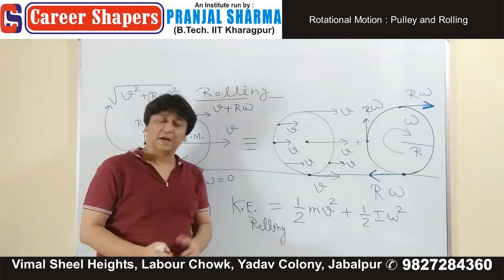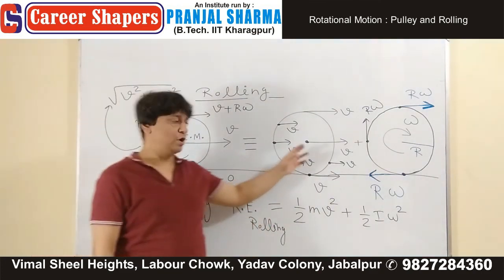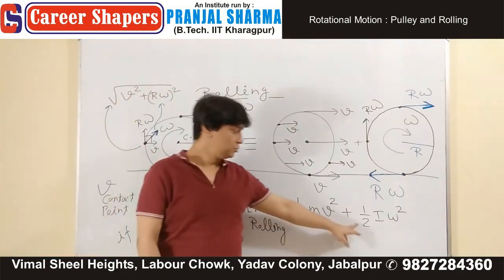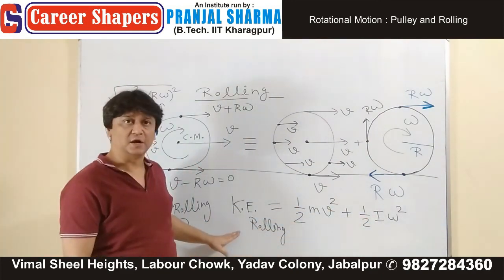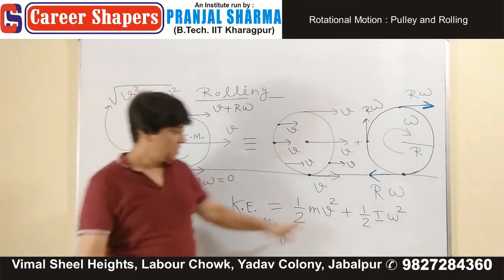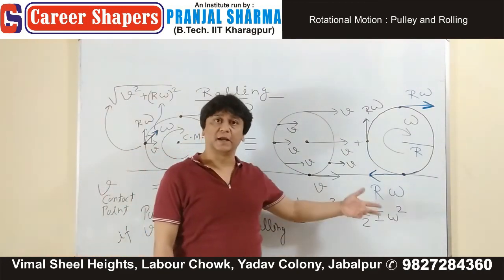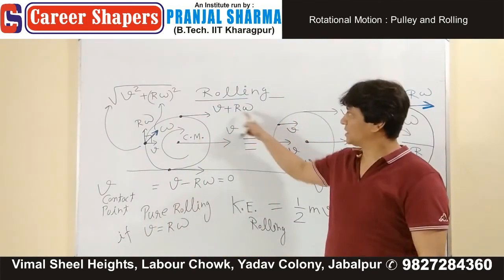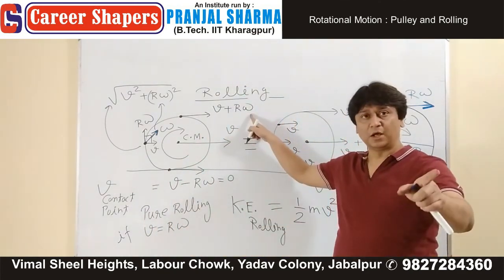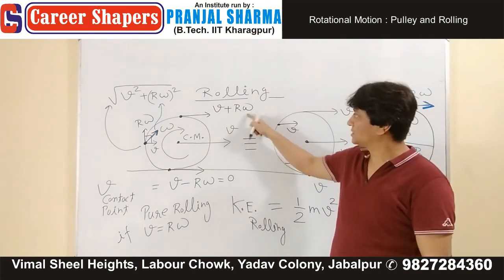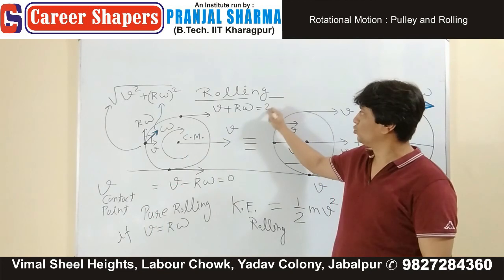That's why we have introduced the concept of pure translatory and pure rotational. Rolling is a mix of these two, which gives you the total kinetic energy. And this is rolling. If they say pure rolling, our V becomes R omega. Listen again. What is this V plus R omega? Always, if it is pure rolling, then V plus R omega will be what? 2V.